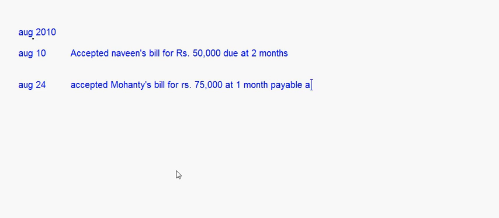And then August 24th, accepted Mohanty's bill for rupees 75,000 at 1 month, payable at State Bank of India, let's say, right?